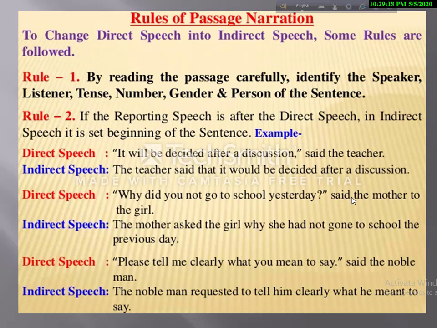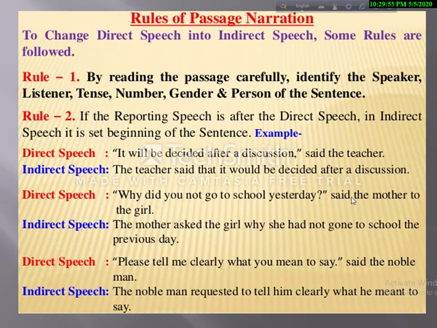When you learned the rules of sentence narration, you always saw the reporting verb before the reported speech, but in passage narration you may find the reporting verb after the reported speech. So at that time your action should be to set the reporting verb before the reported speech.